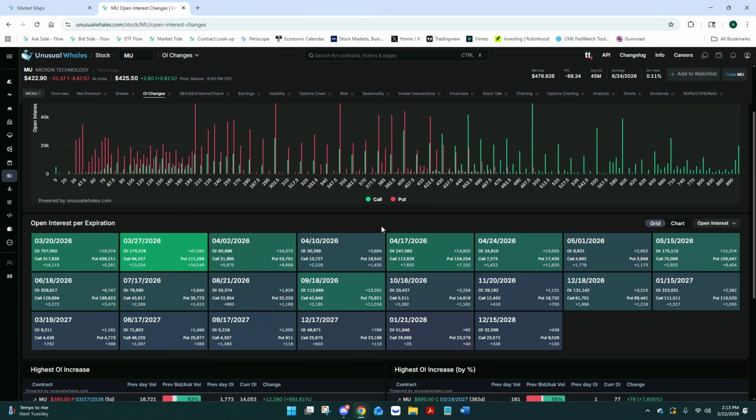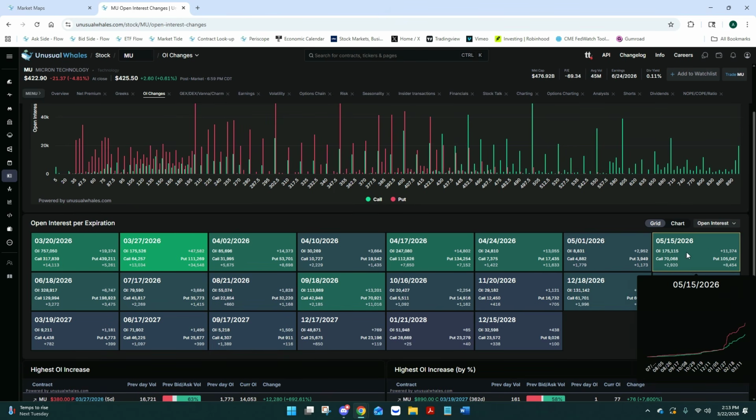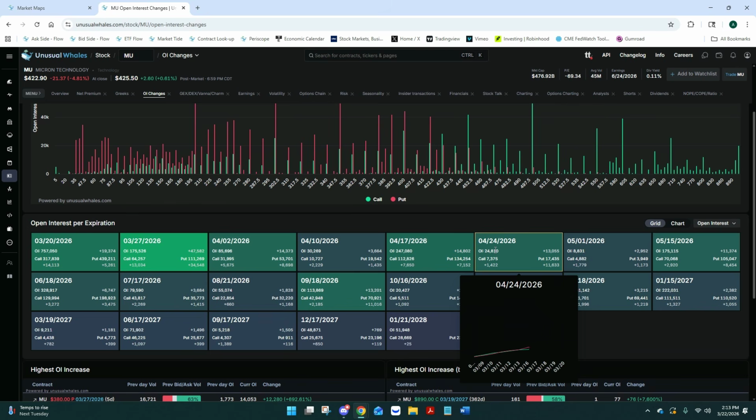Let's see if we can find something that we will do. How about we do that 515 here? And again, just scrolling over, you can see that change. Oh, how about we do the 424s here, because there is a significant change in the puts on that one. You can see that open interest is 24,000 there. Well, 17,000 of those are puts, and you can see that visualization below.